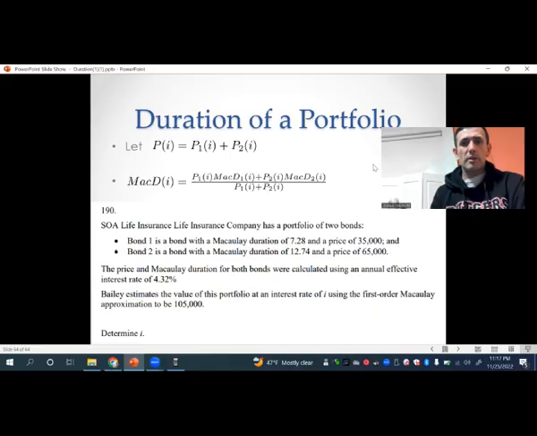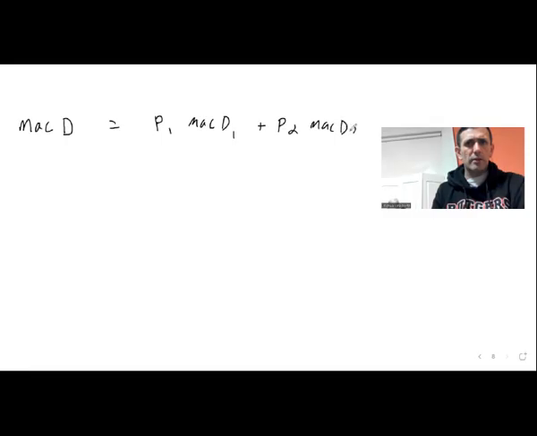So the Macaulay duration is P1 MACD1 plus P2 MACD2 over P1 plus P2.